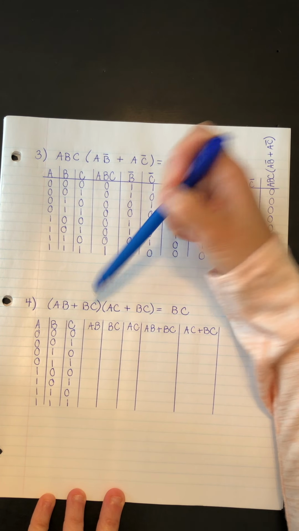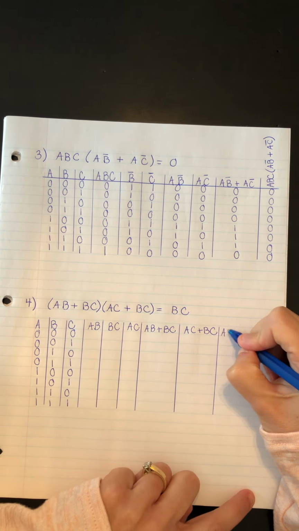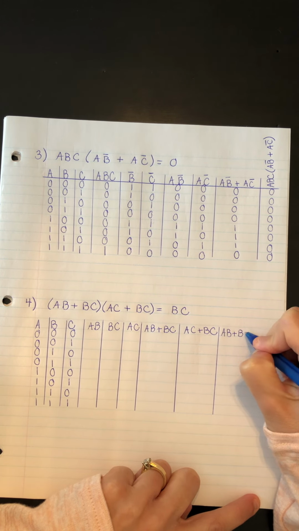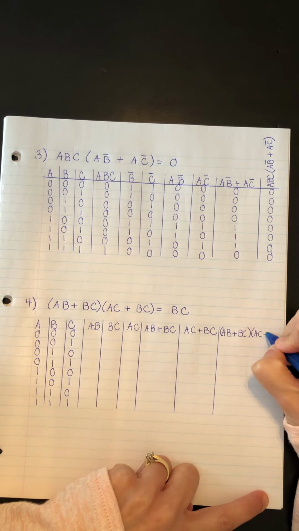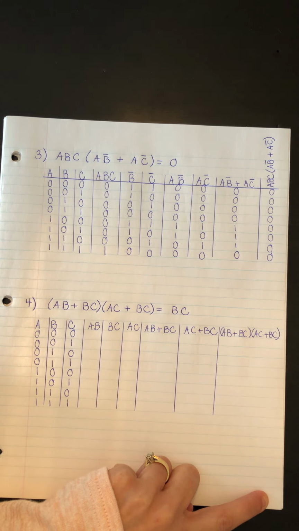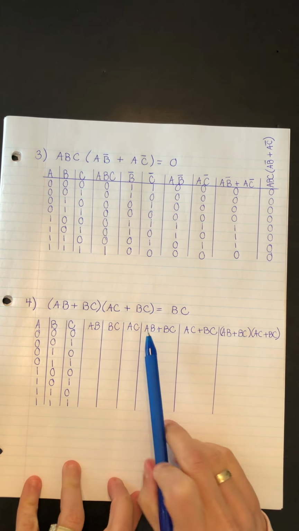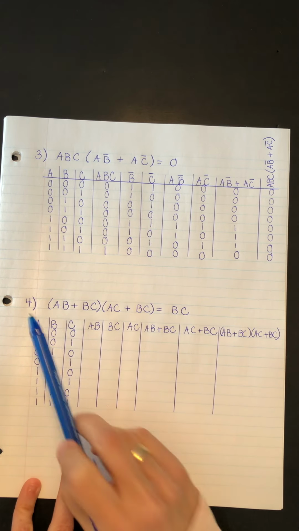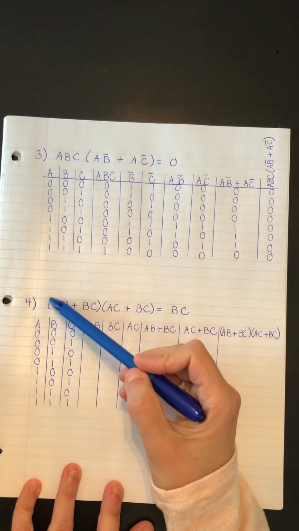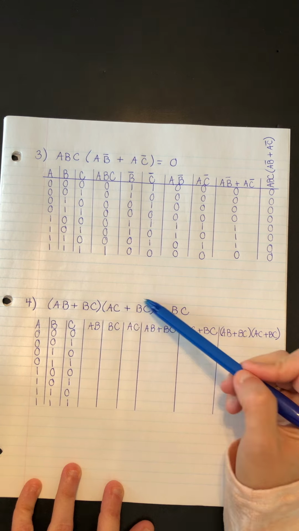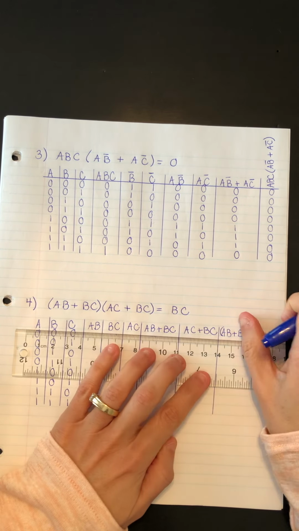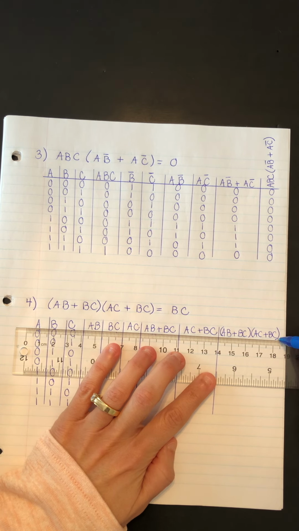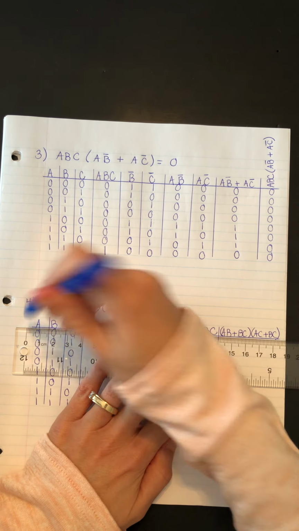Multiply those together. So the final column we need will be the multiplication, which would correspond to one more AND gate. So we're multiplying this by this. And again, that's what's implied when you see those brackets like that. So we need all of that just to set up the left side of the equation.